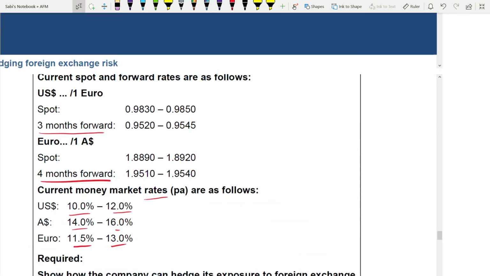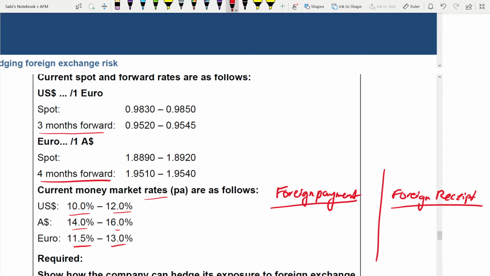If it's money market hedging, and if it's a foreign payment, on this side is a foreign receipt. You borrow.